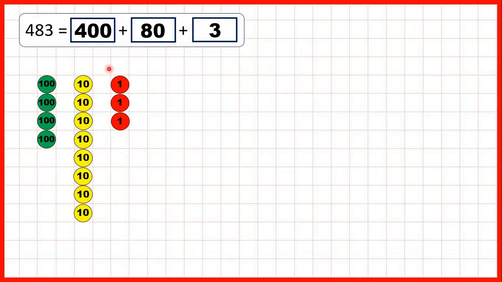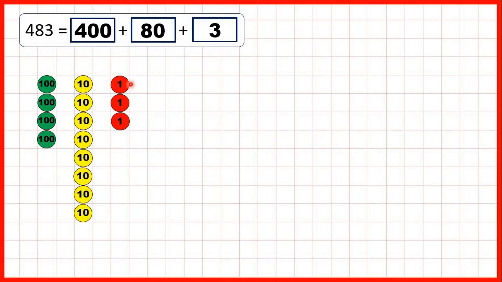So using place value counters is a different way to represent numbers, and at first it can be a bit confusing, because even though the counters are all the same size, they represent different amounts. Remember, we need 10 ones just to make 1 10, and we need 10 tens just to make 100.